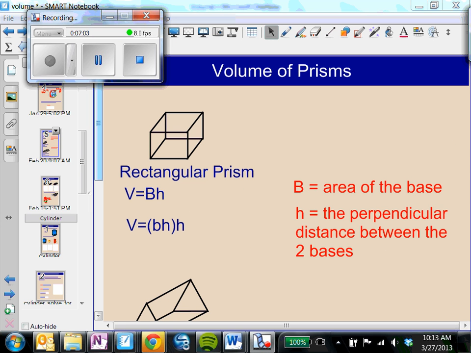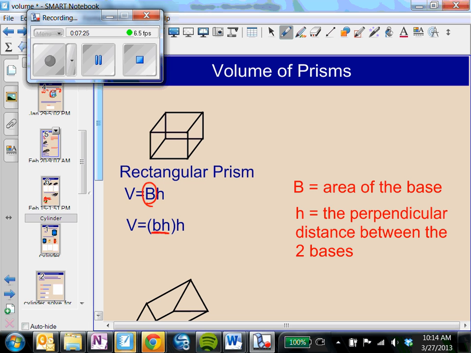When we're looking at some of our different types of prisms, to find the volume, it's always the area of the base times the height of the 3-dimensional figure. So you use your different area formulas. So for example, if we have a rectangular prism, we're going to substitute B times H in the place of capital B to find the area of the base.